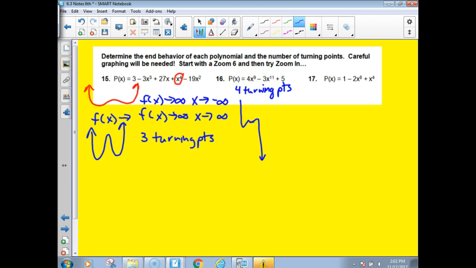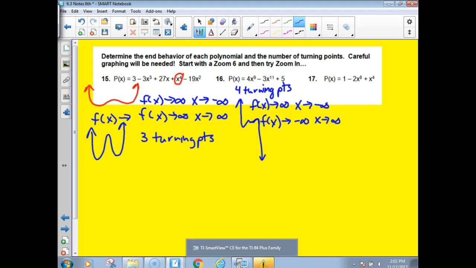Kind of not showing, I guess right there was another one. Oh, I made it kind of a weird Z thing. And the end behavior was up on the left, so f of x was approaching infinity as x was approaching negative infinity. And f of x was pointing down on the right, so that would be f of x is approaching negative infinity as x approaches positive infinity.